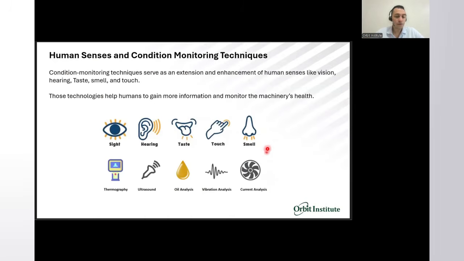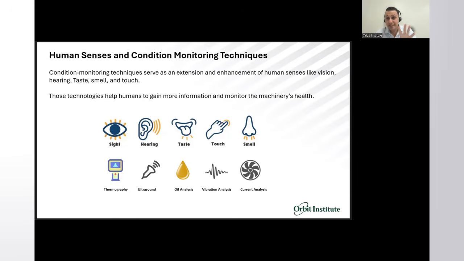So the condition monitoring techniques here serve as an extension for the normal human senses. The human senses, sight, hearing, smelling, touching, have traditionally played a very important role in identifying early signs of machinery problems, like unusual noises, like leaks you can see with your eyes, like vibrations, like unpleasant odors of the machinery, and so on.